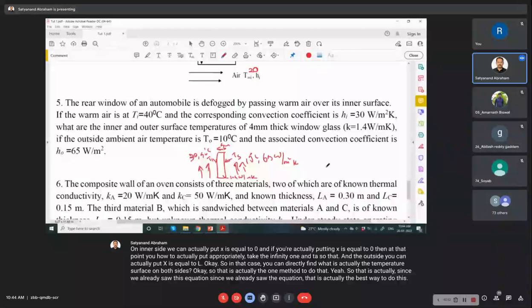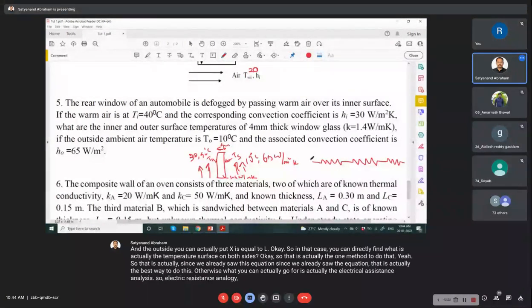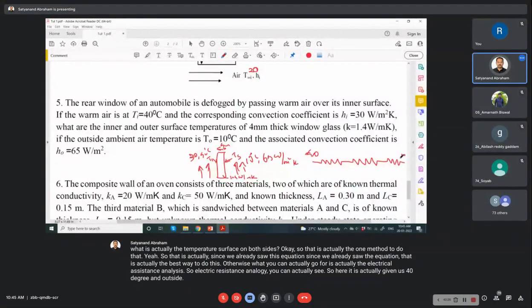Otherwise, what you can go for is the electrical resistance analogy. Here it is given as 40 degrees inside, and outside it is given as 10.